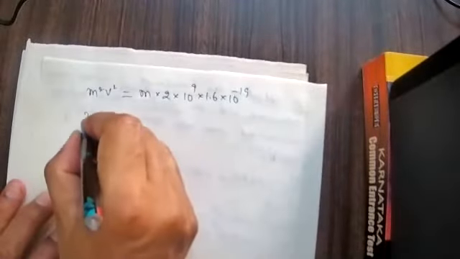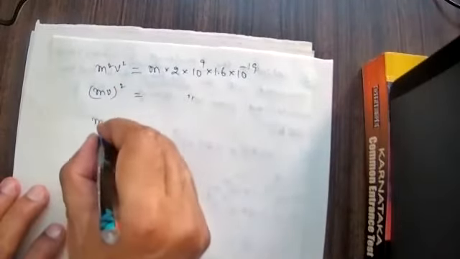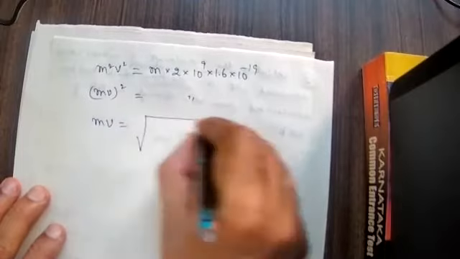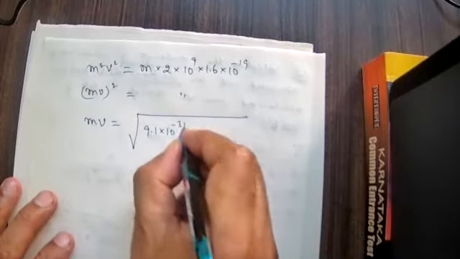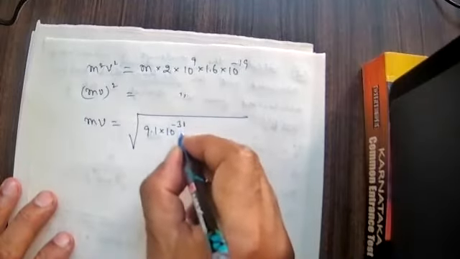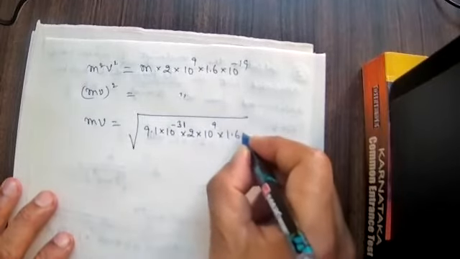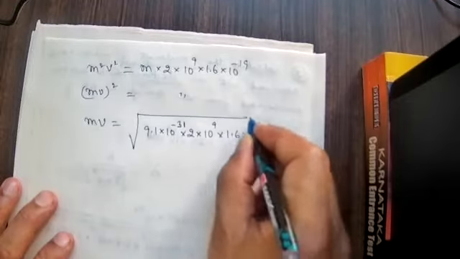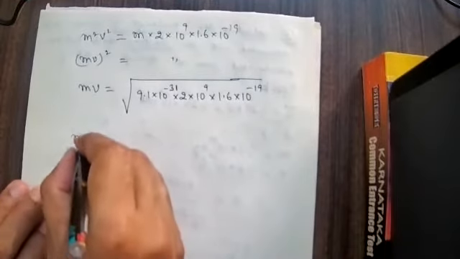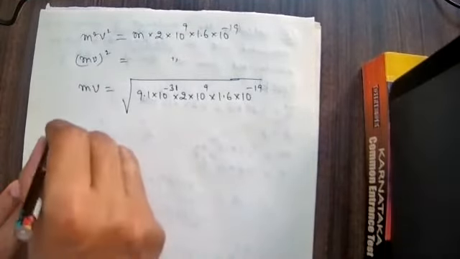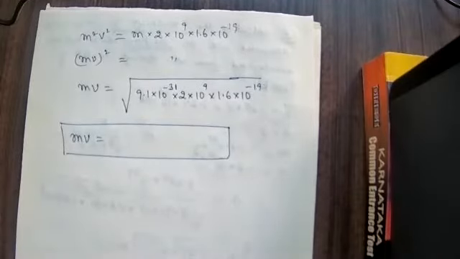This can be written as mv whole square. Same thing. I want to calculate mv here. Square root of m value 9.1, 10 to the power minus 31, 2 into 10 to the power 9, 1.6, 10 to the power minus 19. So multiply all these things and get the answer for this. Take the square root also.